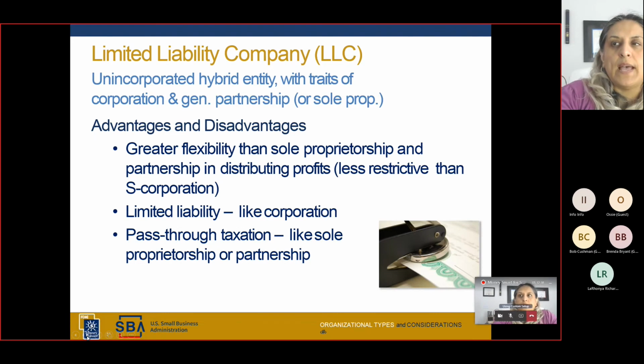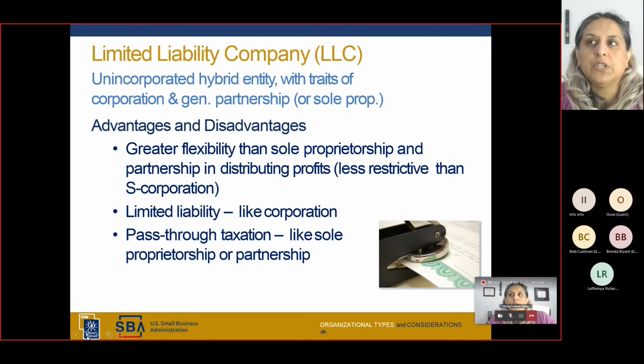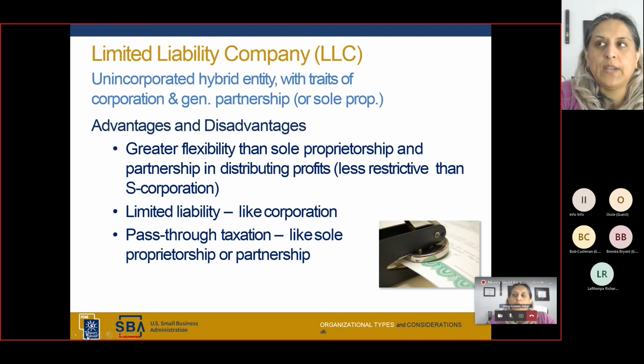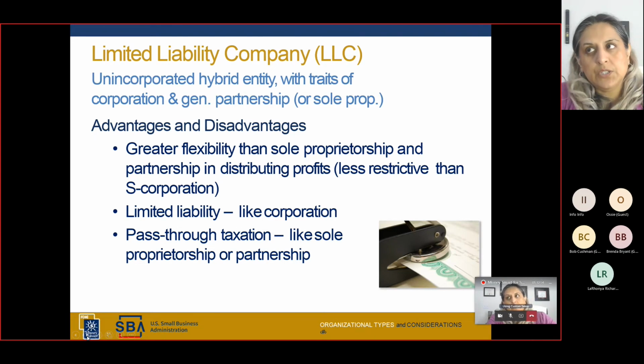Expenses and formalities. One disadvantage of forming an LLC instead of a partnership or sole proprietorship is that you pay a filing fee ranging anywhere from $100 to $800 when you submit your articles of organization.